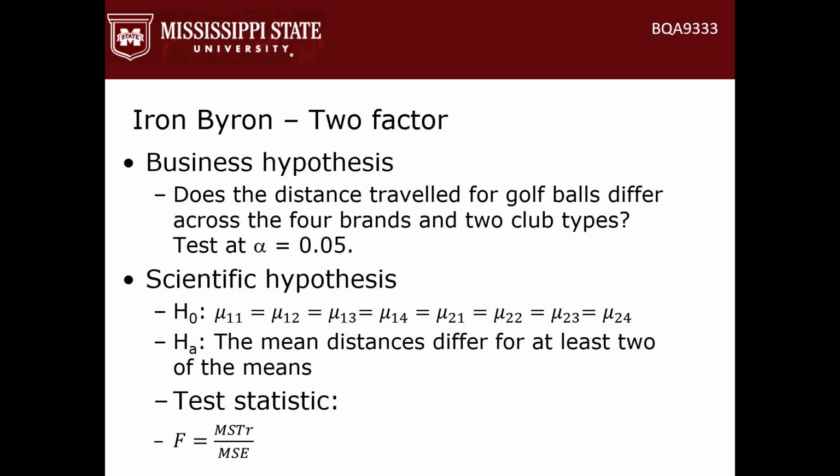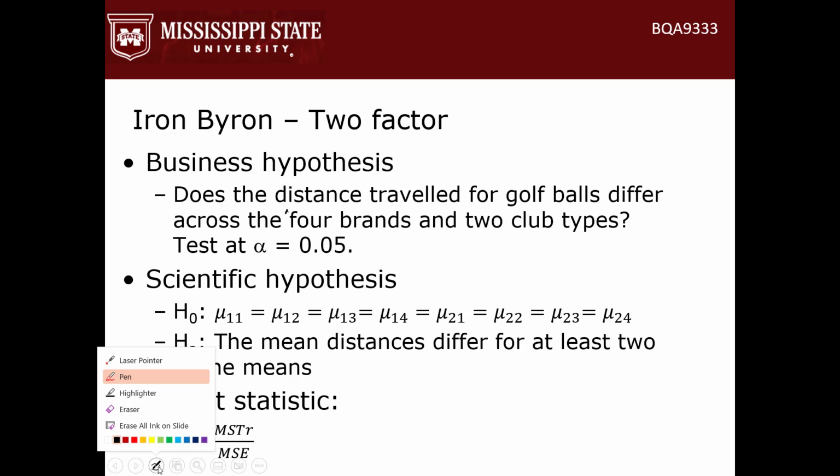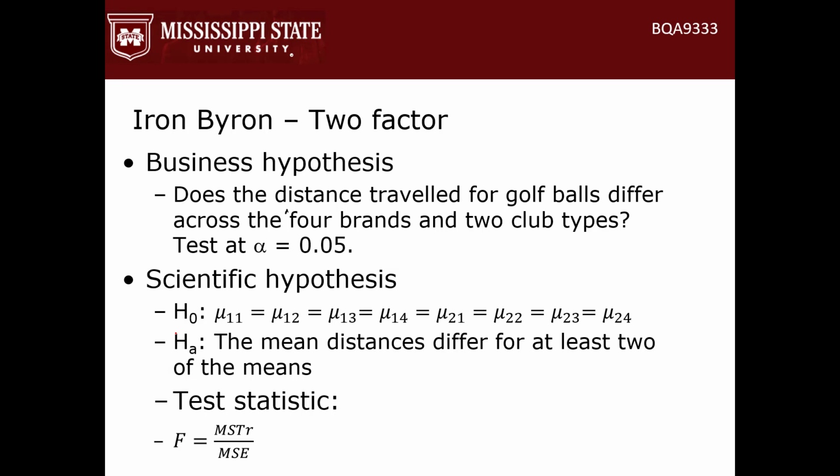Okay, so this is the overall omnibus hypothesis, which is basically, you can see here, across the 4 brands and 2 club types. So we're looking at basically all 8 treatments.